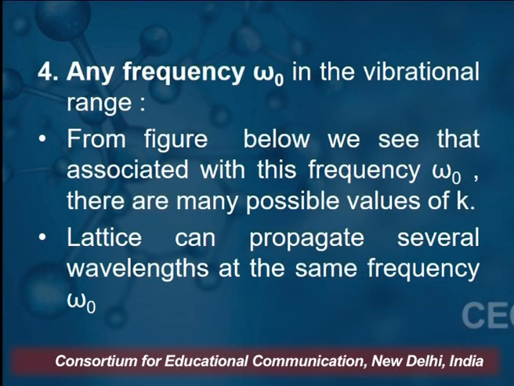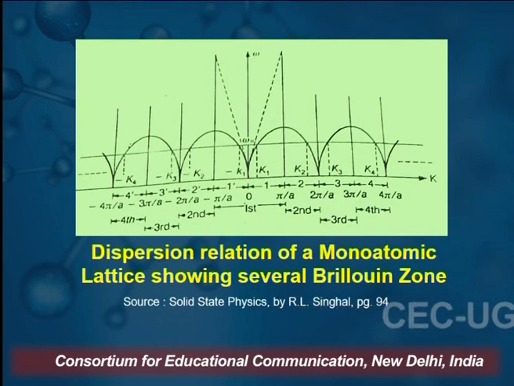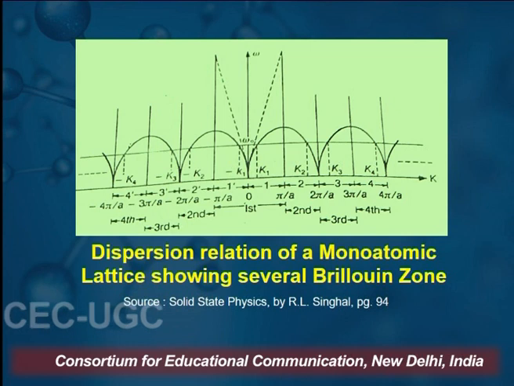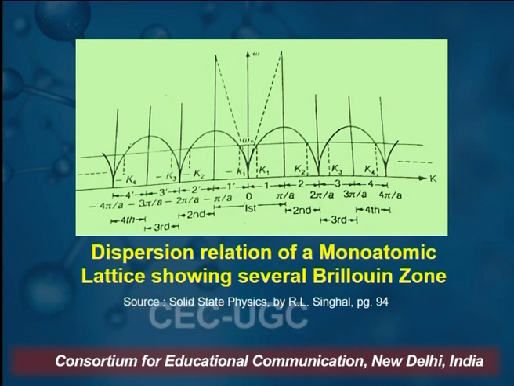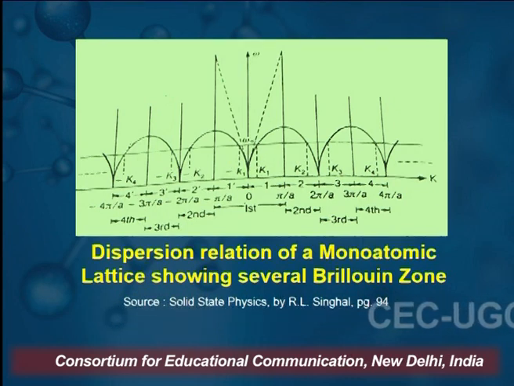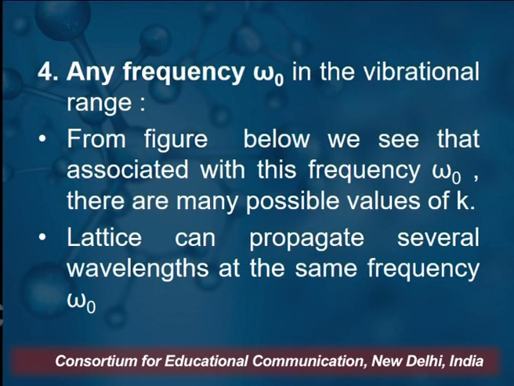If I consider any values of omega naught and any values of k, what will happen? K can have any values. I have plotted from minus pi by a to plus pi by a, but to the other side it can be 2 pi by a, 3 pi by a, 4 pi by a, and so on and so forth. Similarly, on the left, all possible values of k.